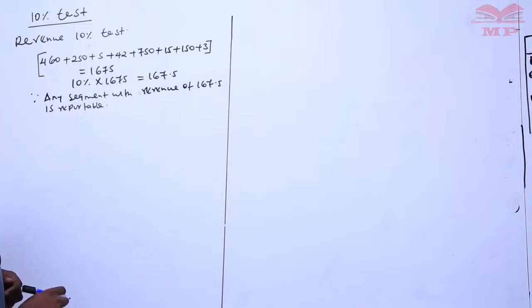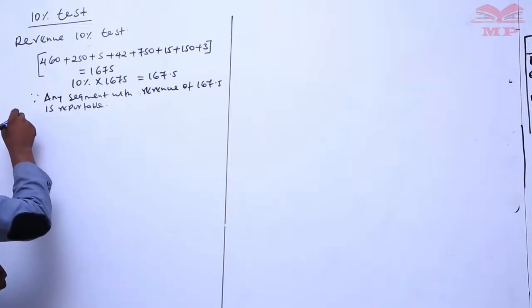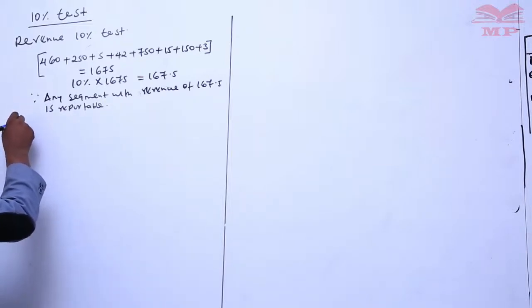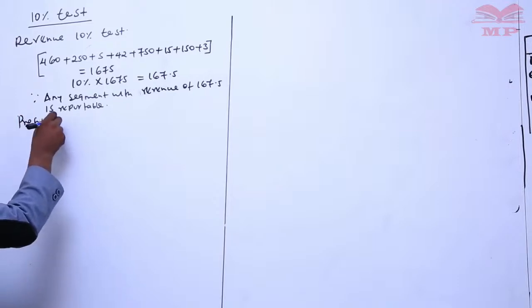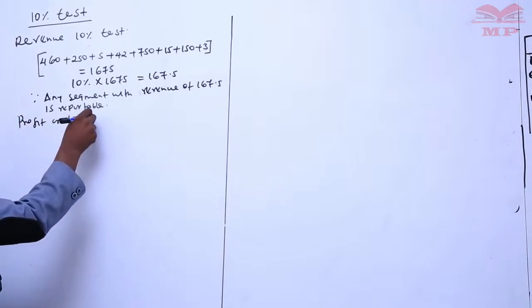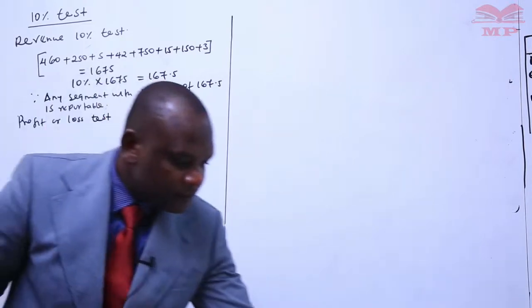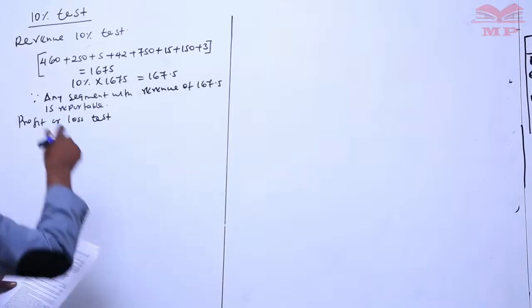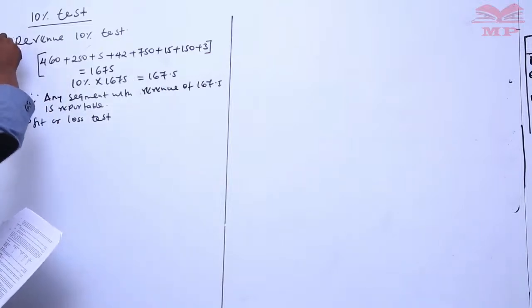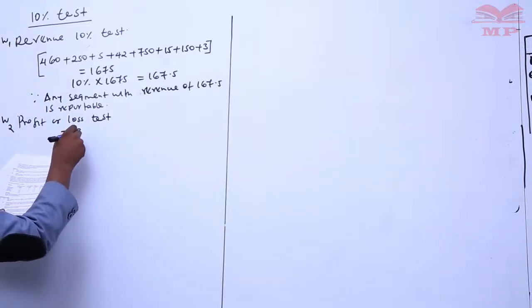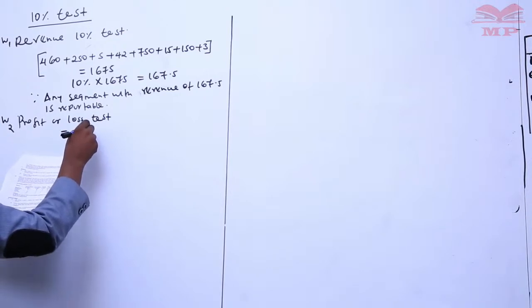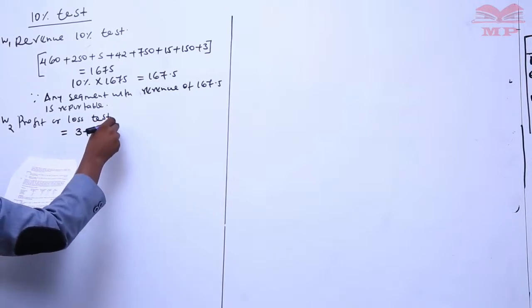Okay. So the next is profit test. Profit or loss test. What is the total profit? Is working 1. That is 3 plus 32 plus 75.